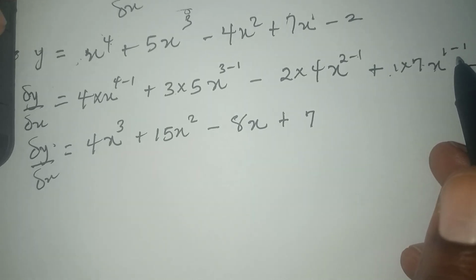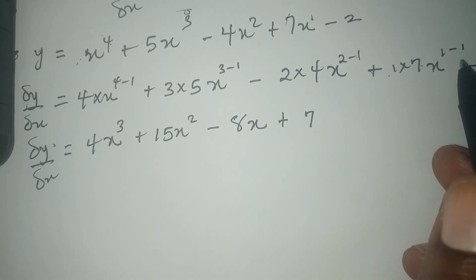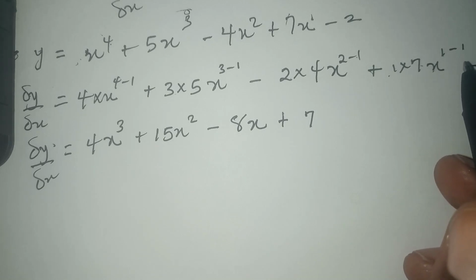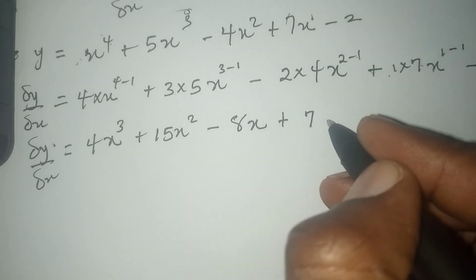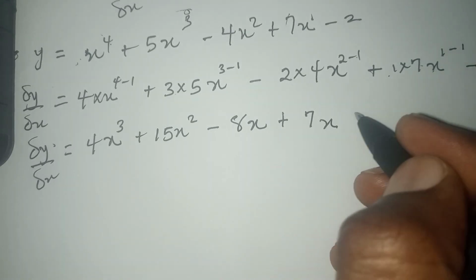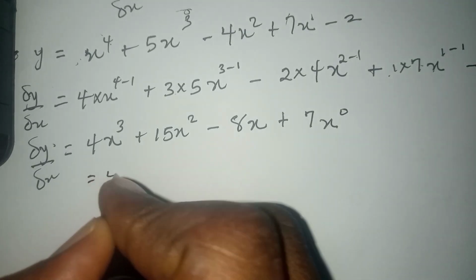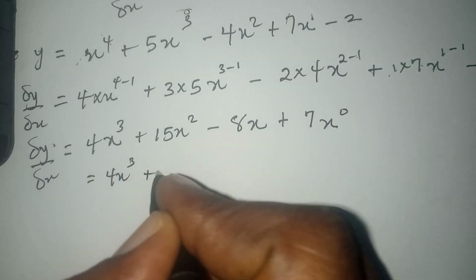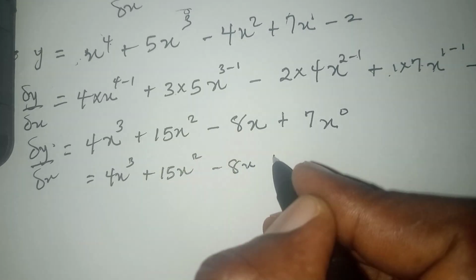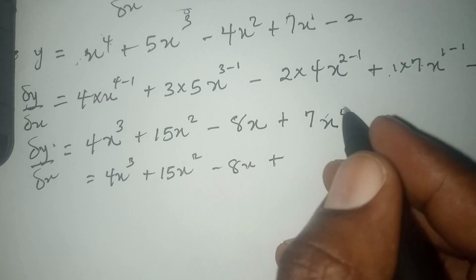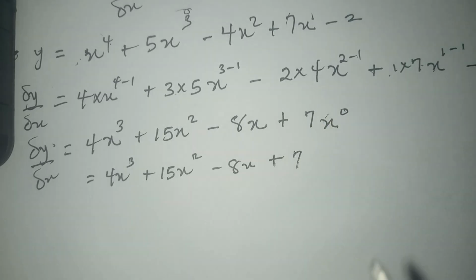Anything raised to power 0 is 1. So it's going to be 4x cubed plus 15x squared minus 8x plus 1 times 7, or 7.